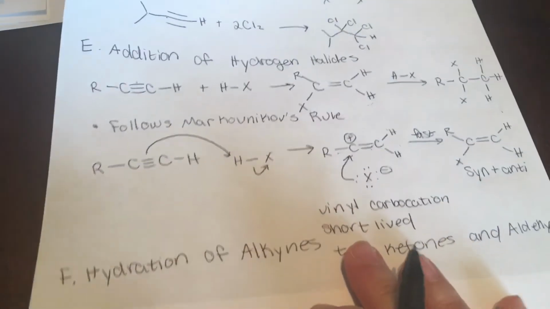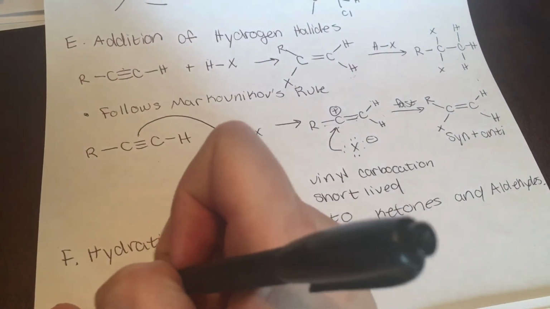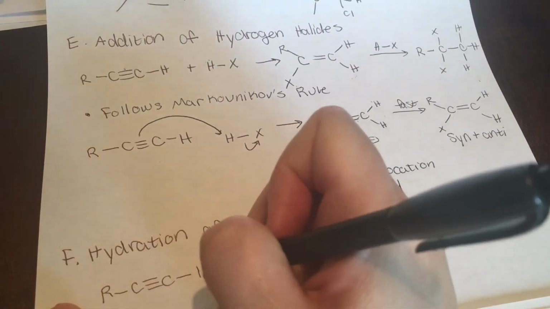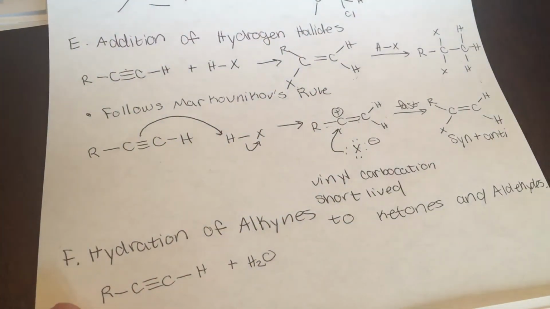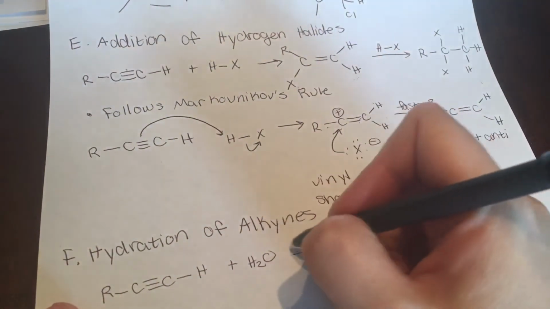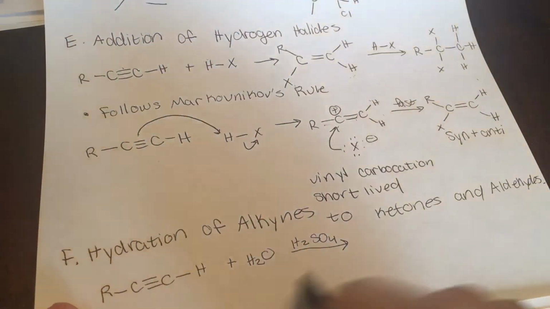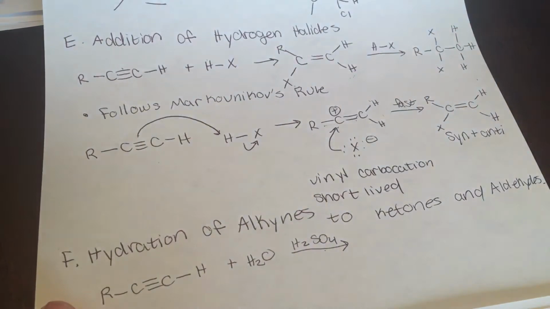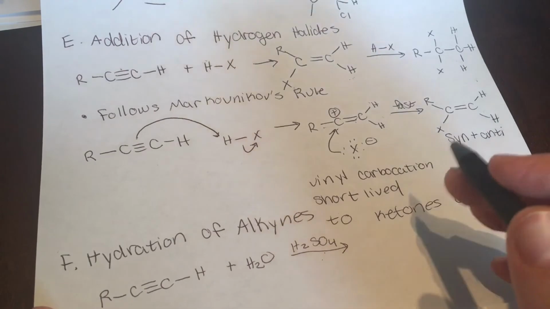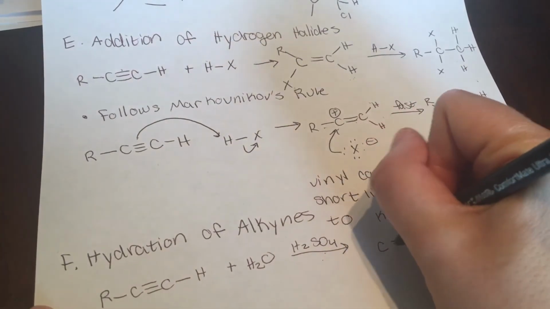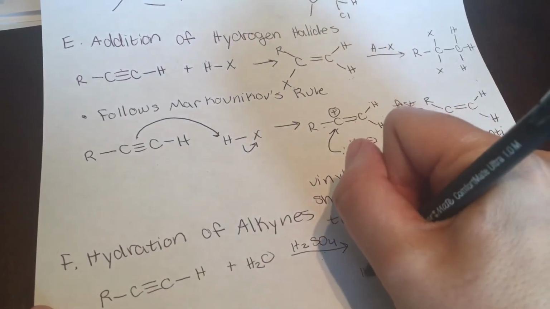For the generic reaction, if you were to have a terminal triple bond and react it with water, using H2SO4, our sulfuric acid, a super strong acid, you would expect that first we form water adding across that bond, following Markovnikov's rule.